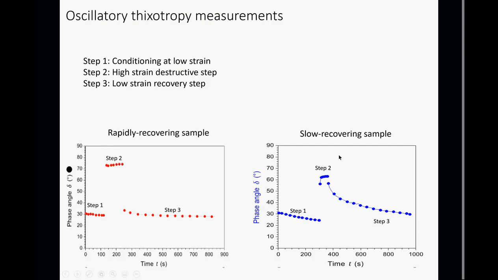And for the more thixotropic material, we can see that long, slow recovery as phase angle makes its way back down towards the initial values. So this gives you another useful insight on thixotropic behavior. Okay, then.